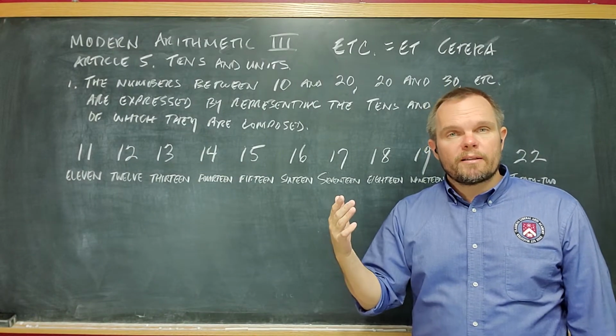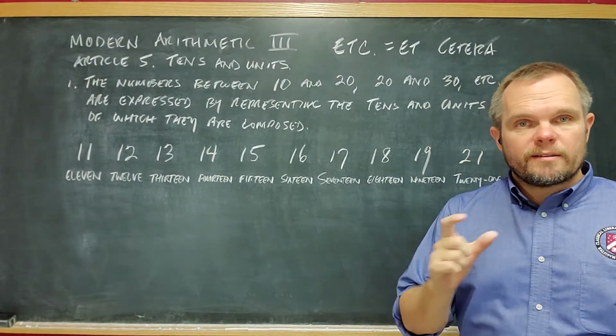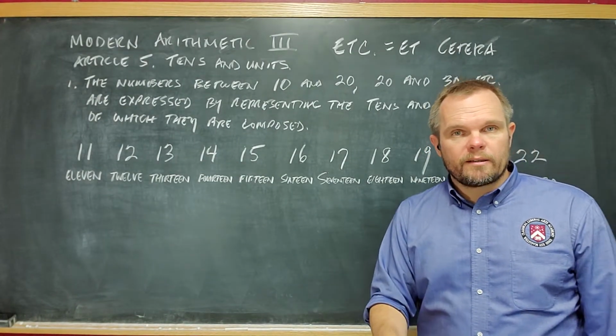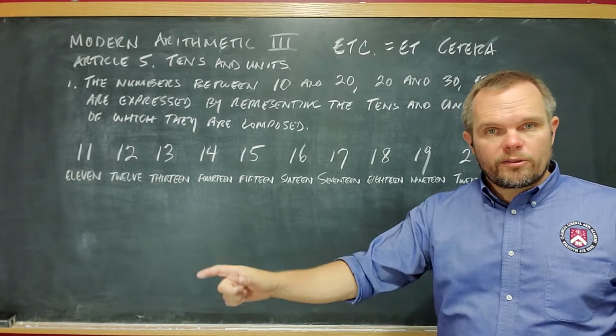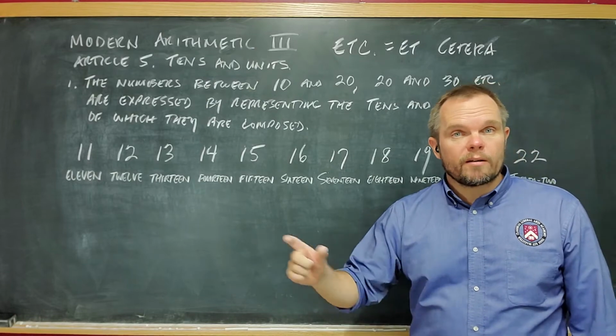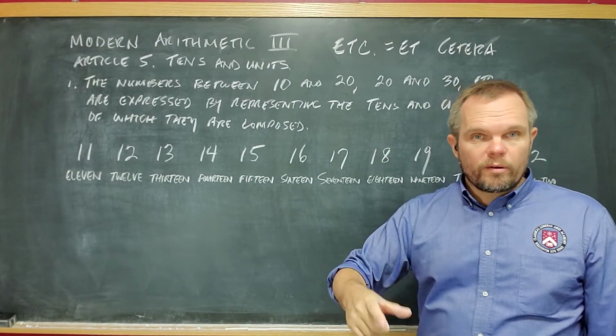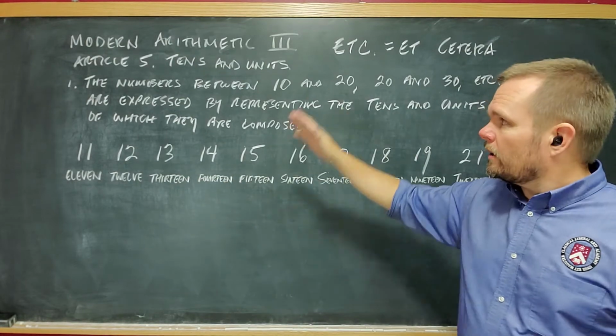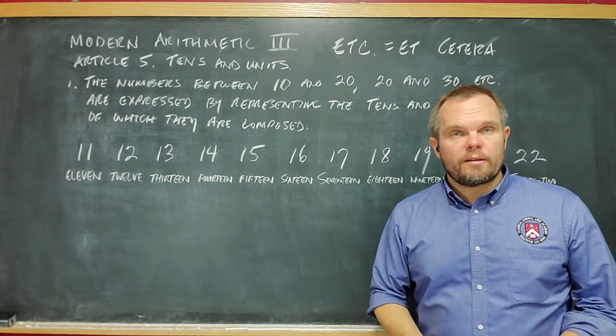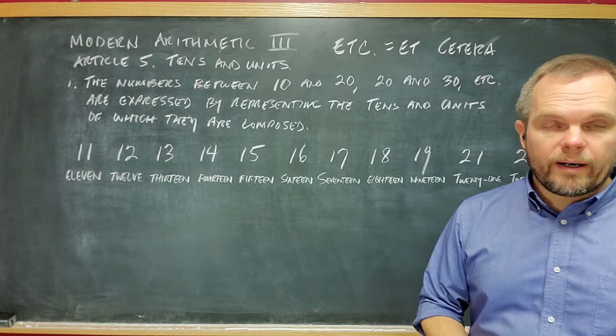But how do we write the numbers in between 10 and 20? And the numbers in between 20 and 30, and between 30 and 40, and between 40 and 50, and so on. How do we write those numbers? That's what we're going to learn here in Article 5.